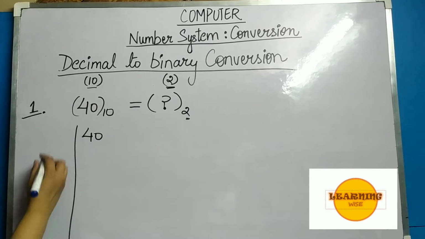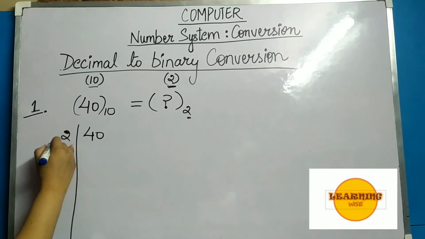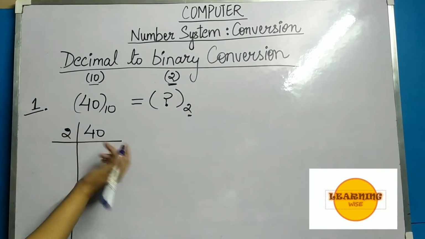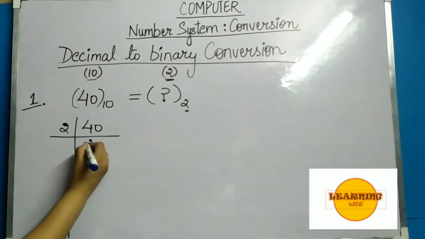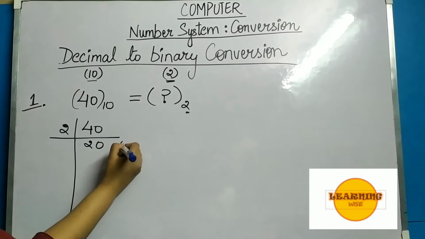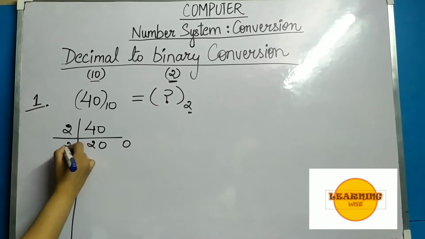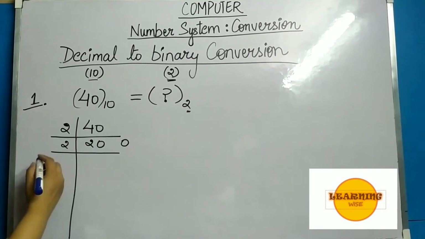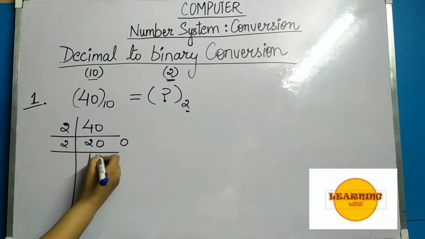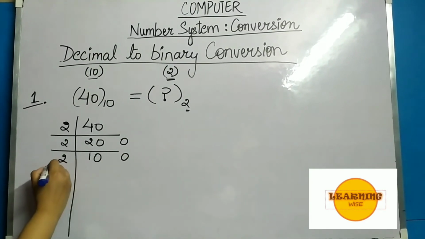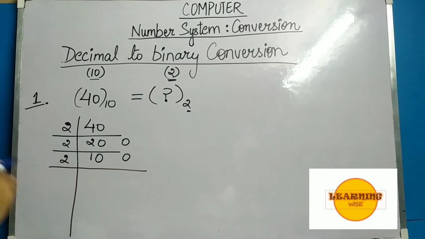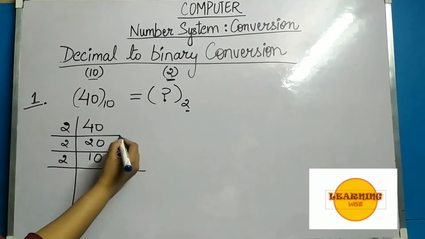Write down 40 here, divided by 2. When we divide 40 by 2, what comes as the answer? 2 2s are 4, 2 zeros are 0, and the remainder is 0. Now, again divide by 2, 2 1s are 2, 2 zeros are 0, and remainder is 0 again. Let's do it again. We'll do it till we get 0, okay?